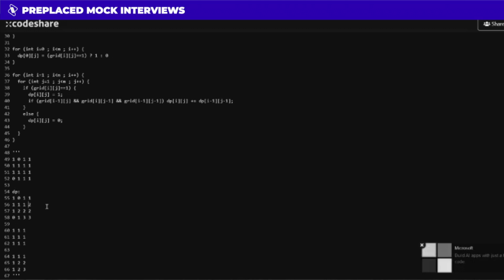Here the minimum is 1, plus 1 is 2. Here the minimum is 1 again, plus 1 is 2. Here the minimum is 1, plus 1 is 2 again. Again 2 here. Here I have the minimum as 0 and plus 1 as 1. Here I have the minimum as 1 and plus 1 is 2, and this is 3. Yeah. Good.